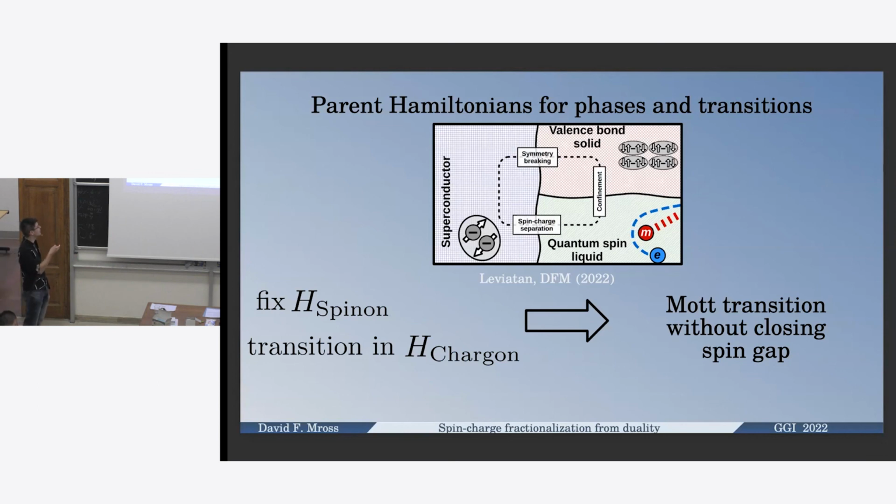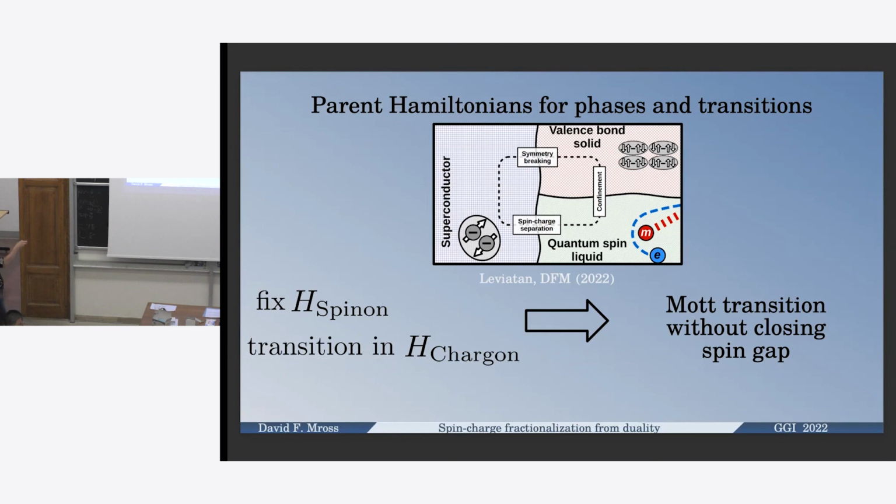But you can, of course, think about the Cooper pair just being some object which leaves behind its charge and then transforms into some resonating valence bond on the superconducting side, which is, of course, just the Anderson picture. And here you can just write down models where this is precisely what happens. And similarly, you can get other transitions from these models, say from superconductors to symmetry broken states and this kind of thing.